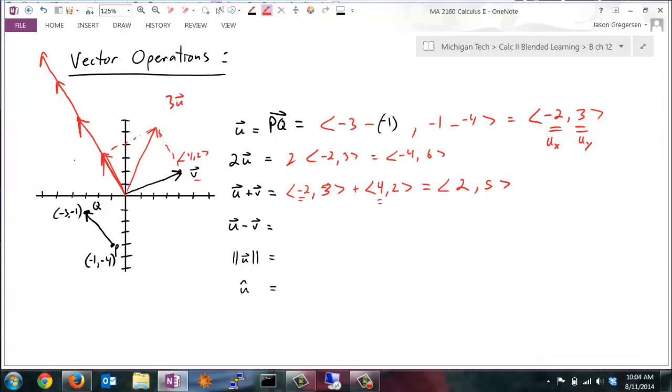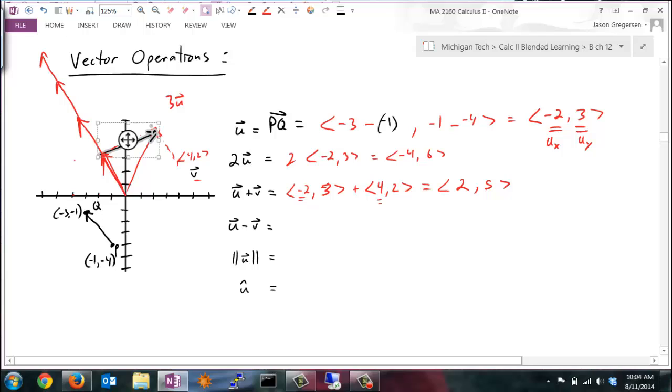Another way that I can add vectors graphically is by putting them tip to tail. It says first go over -2 and then up 3 and then do this thing. And then go 4 and 2. So graphically I'm putting them together just by following the directions. It's going to look like first going -2, 3, that's doing that first vector, and then doing the second vector.